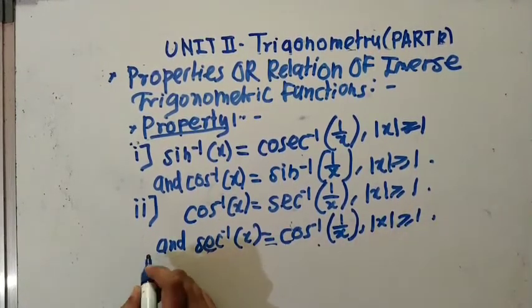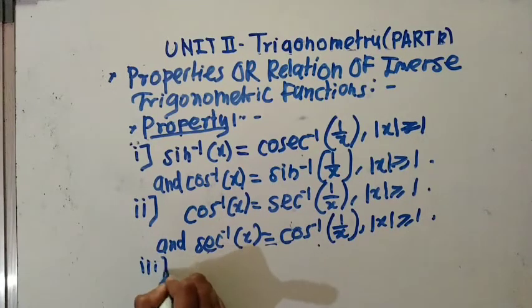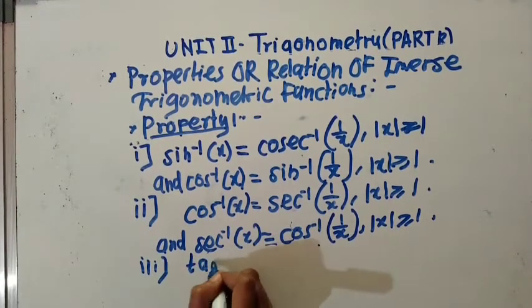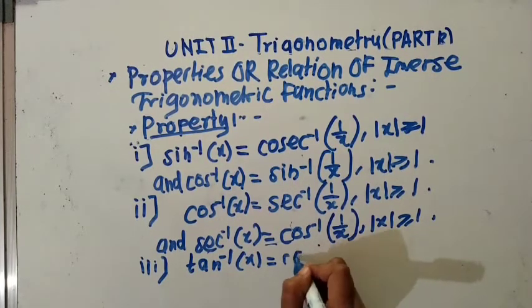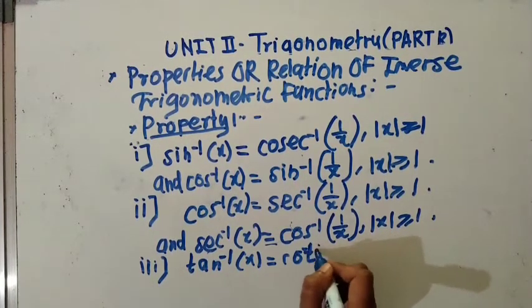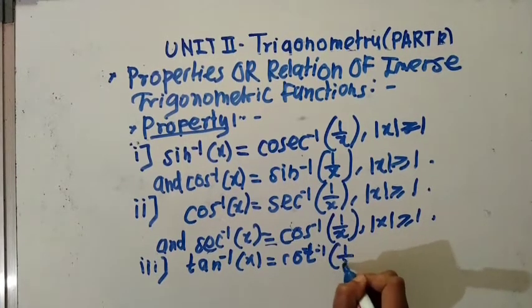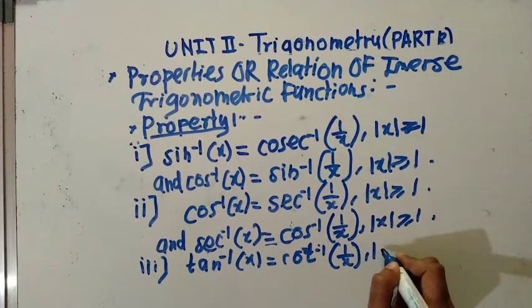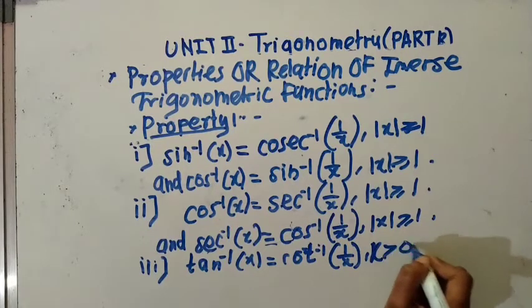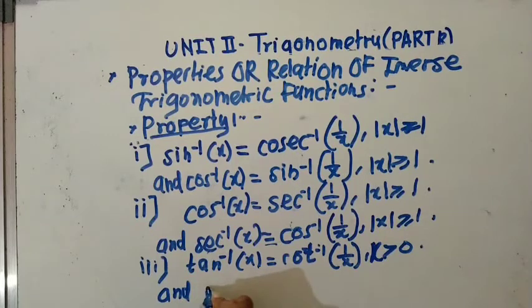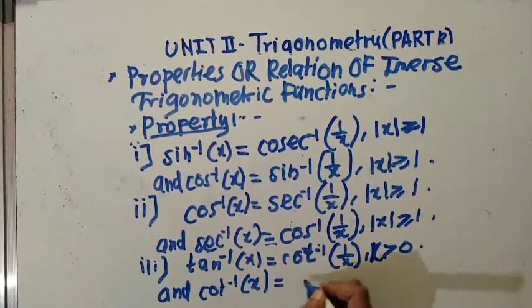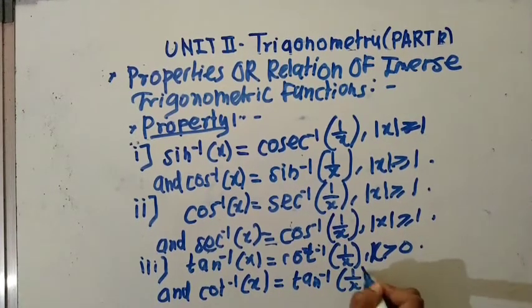And the third property is tan inverse of x is equal to cot inverse of 1 upon x, where x is greater than 0, and cot inverse of x is equal to tan inverse of 1 upon x.